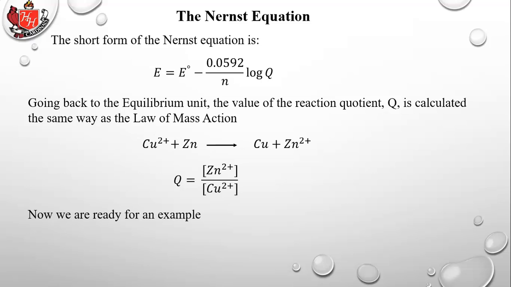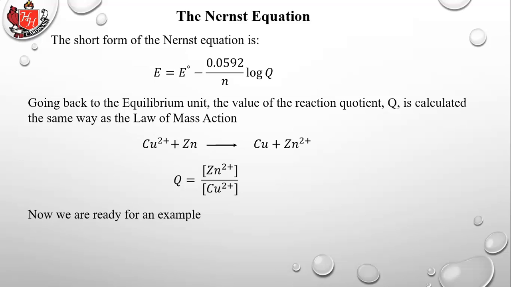So the short form of the Nernst equation, there you see it again up on top, same thing. Going back to the equilibrium unit, the value of the reaction quotient Q is calculated the same way as the law of mass action. So there's our total reaction there for this electrochemical cell. Copper is reduced, zinc is oxidized, and there's the equation.